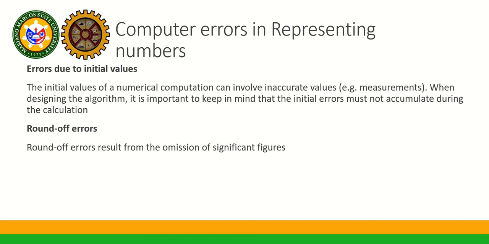Sabi nga, yung konti na naiipon is nagiging malaki yung impact. So, we should avoid that. So, sa simula pa lang dapat wala ng errors. And then round-off errors. Round-off errors result from the omission of significant figures. So those are the kinds of computer errors in representing numbers. So that is the introduction of the numerical method. Okay.